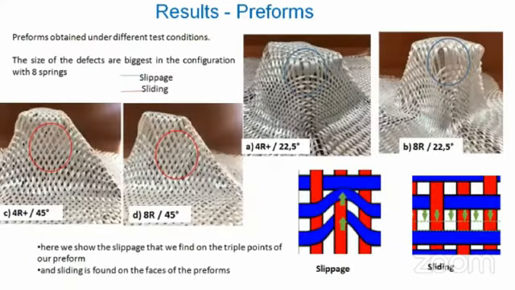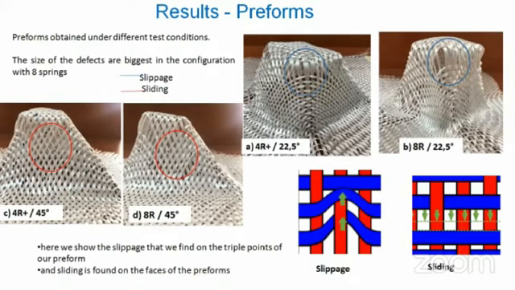So, in the results, for the preforms obtained under different test conditions, the size of the defects is biggest in the configuration with 8 springs. We have here the results of the different preforms.